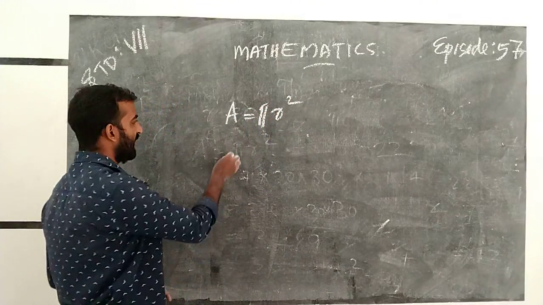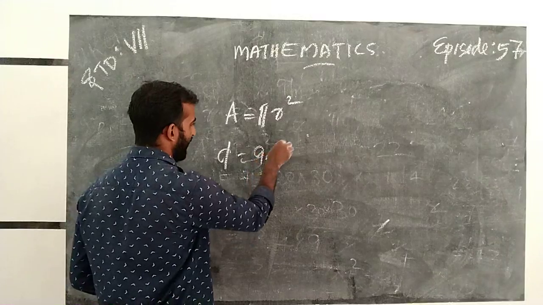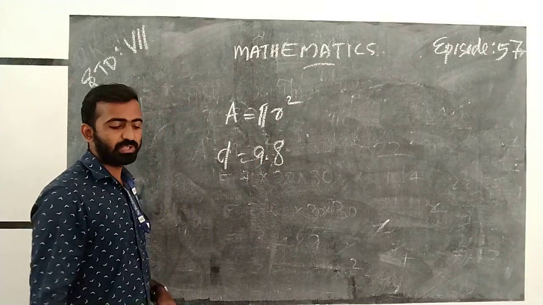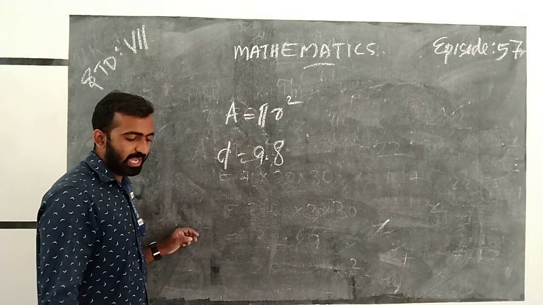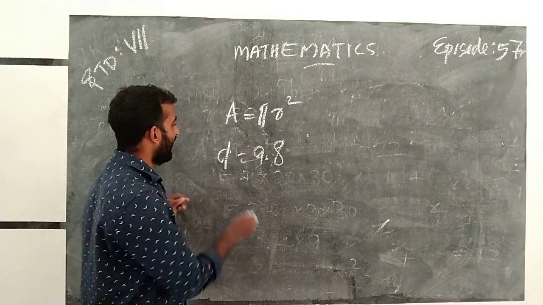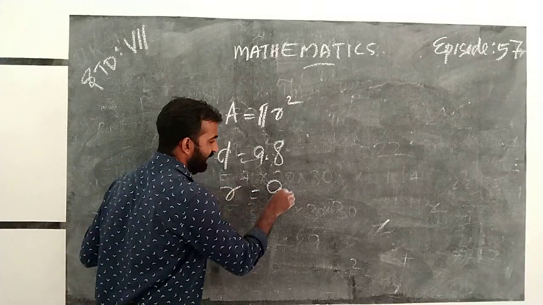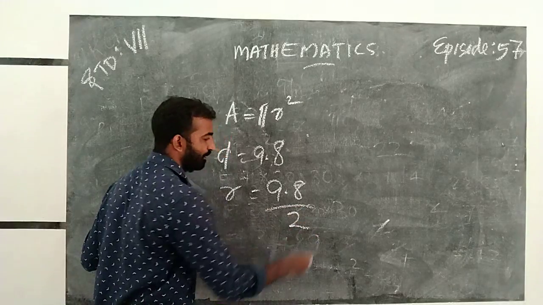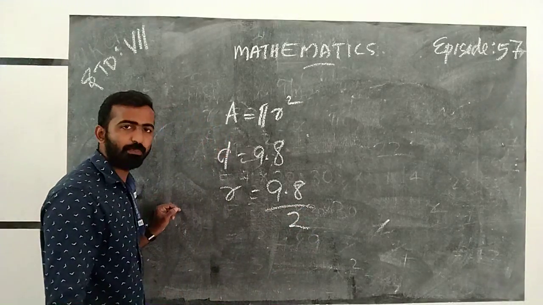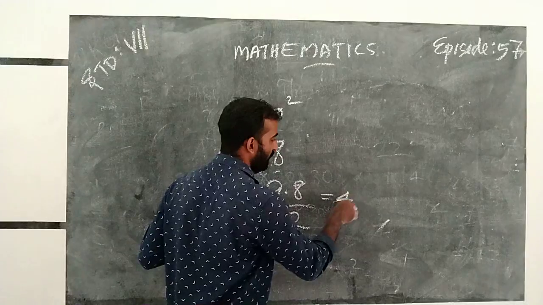According to the question, the given diameter is 9.8. So what is the radius? Radius equal to 9.8 divided by 2, which is 4.9.